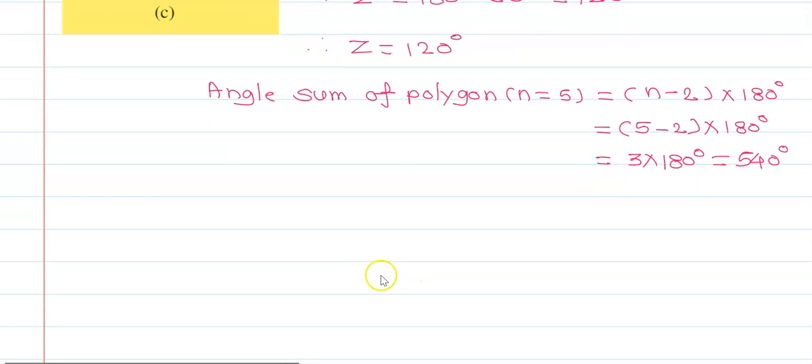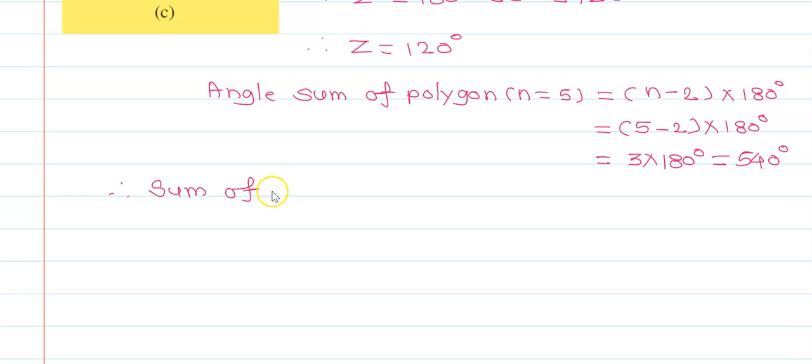Therefore, sum of angles of polygon is equals to 540.